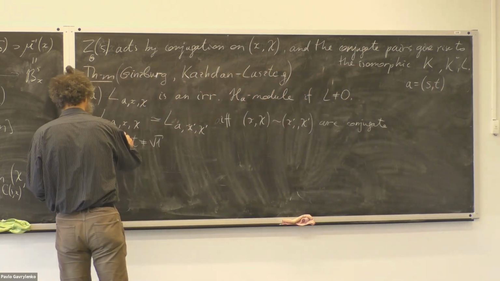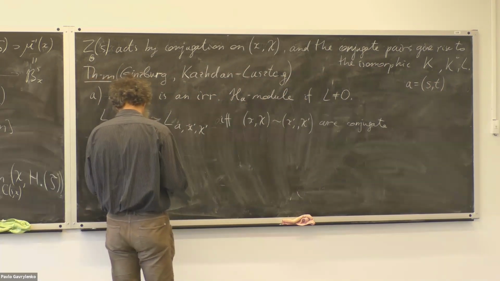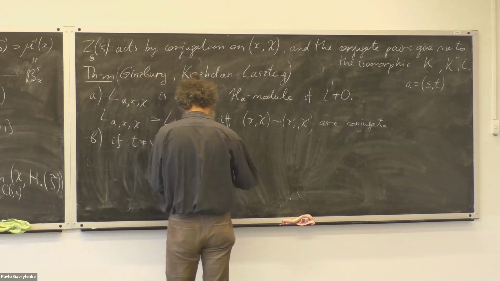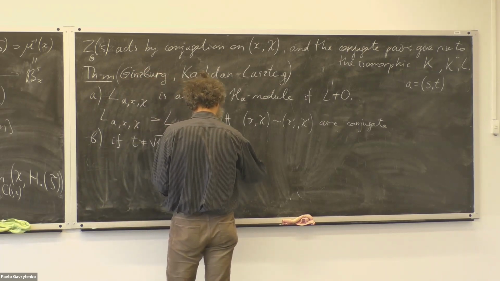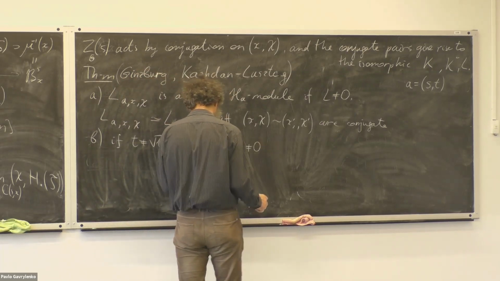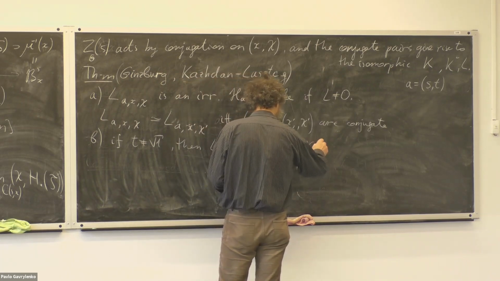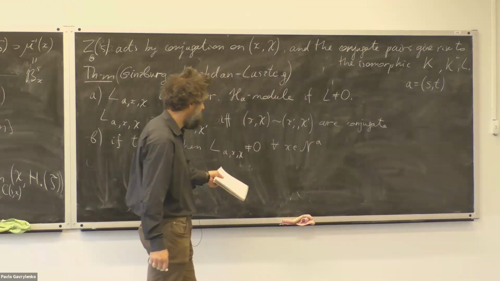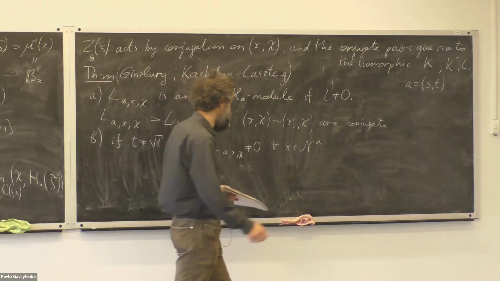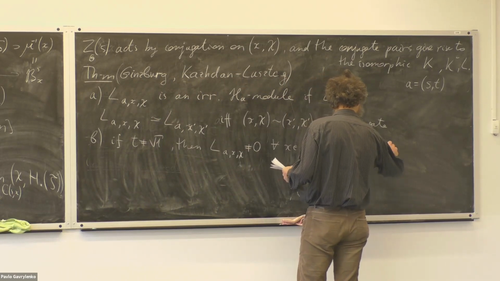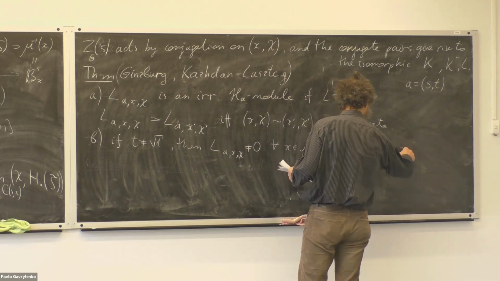So if this extra element is not a root of unity, then this irreducible module is actually non-zero for any nilpotent element in the fixed part of the nilpotent cone, and chi a relevant representation of the component group.